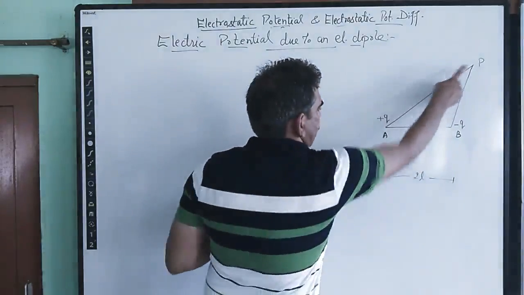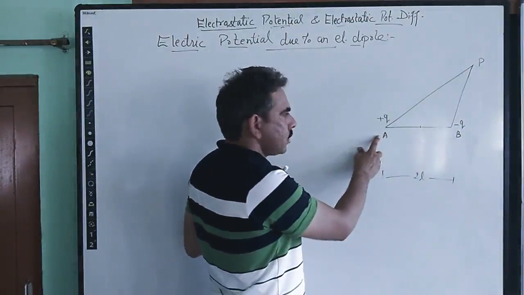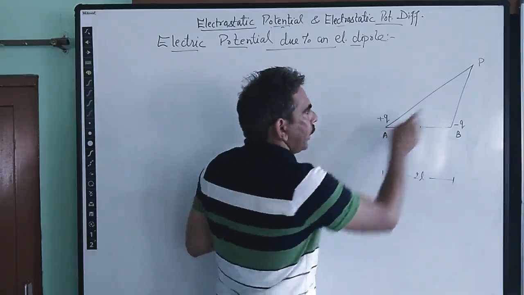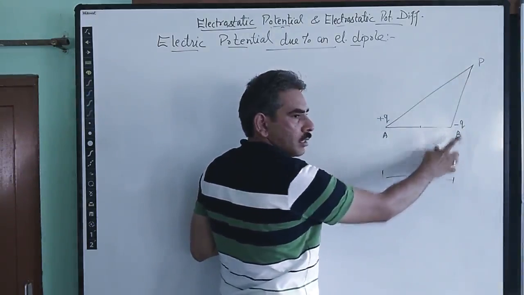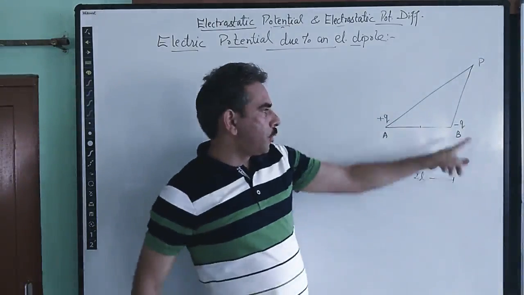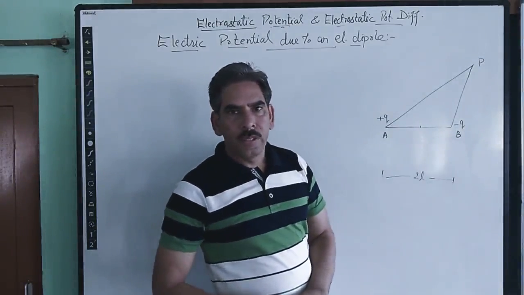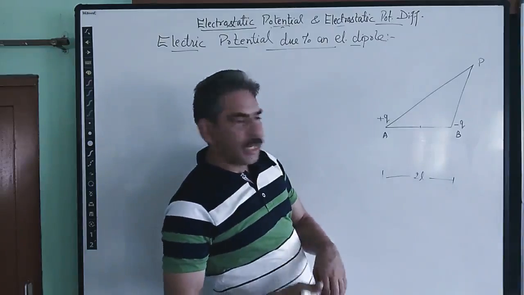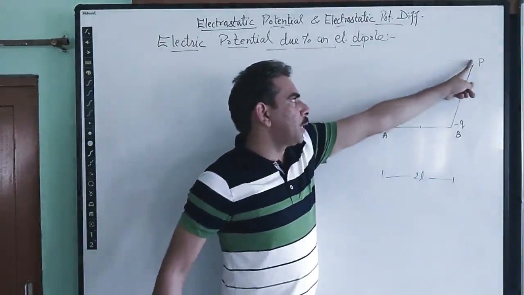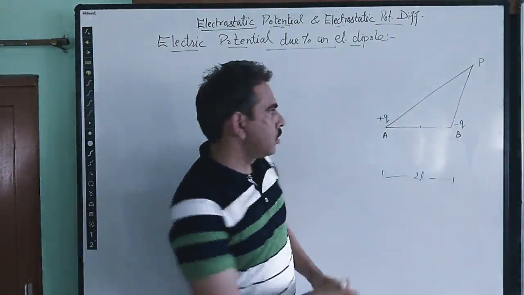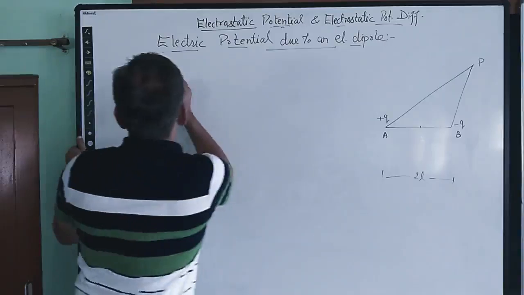So this point P is under the electric field of the charge plus Q of the dipole, and this point P is also under the influence of the electric field of the second charge minus Q at position B of the dipole. So we can write the expression for the electric potential at point P due to this charge and the electric potential at point P due to the other charge.